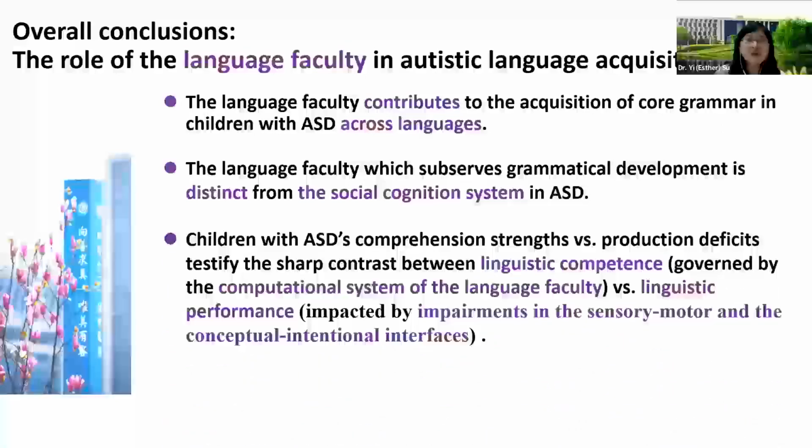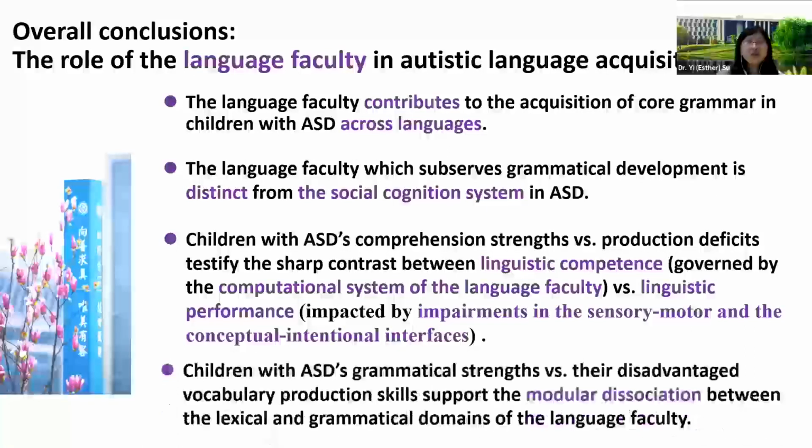And also children with ASD's comprehension strengths versus production deficits testify to the sharp contrast between linguistic competence, maybe governed by the computational system of the language faculty, versus linguistic performance, maybe impaired by their impairments in the sensory-motor and conceptual-intentional interfaces. And children with these grammatical strengths versus disadvantaged vocabulary production skills support the dissociation between the lexicon and grammar domains of the language faculty.